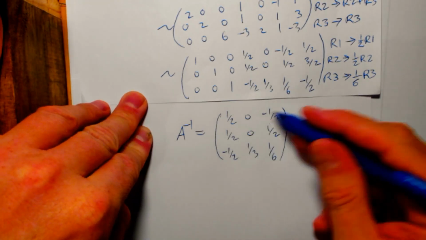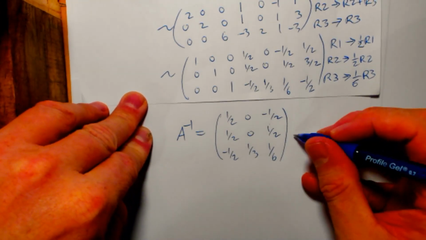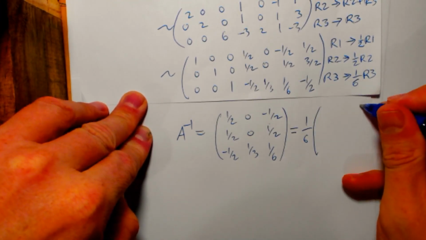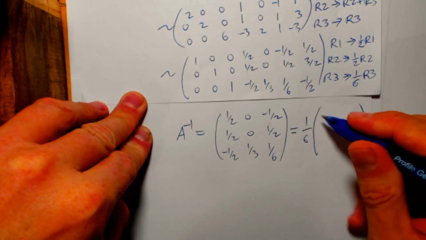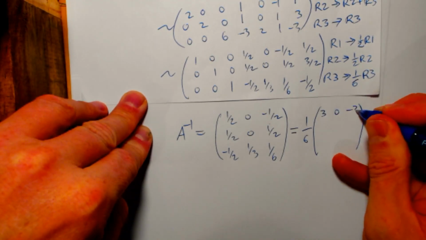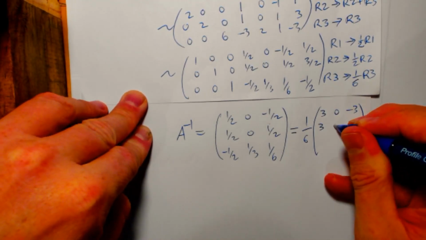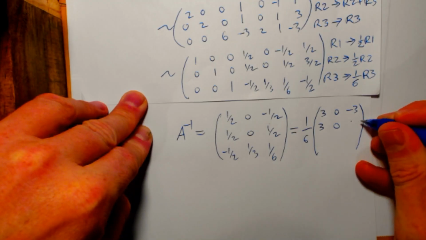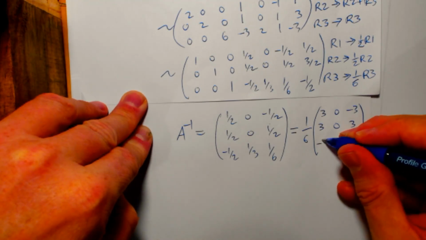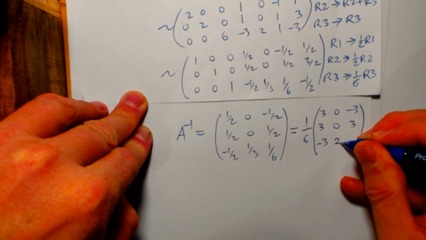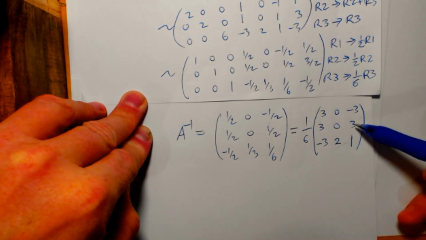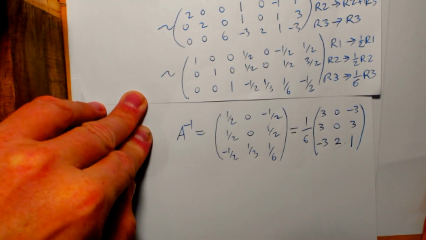And in fact, you notice everything's got a denominator, so I can pull out 1/6 in front if I want to. So that would be then 3, 0, minus 3, 3, 0, 3, minus 3, 2, 1.